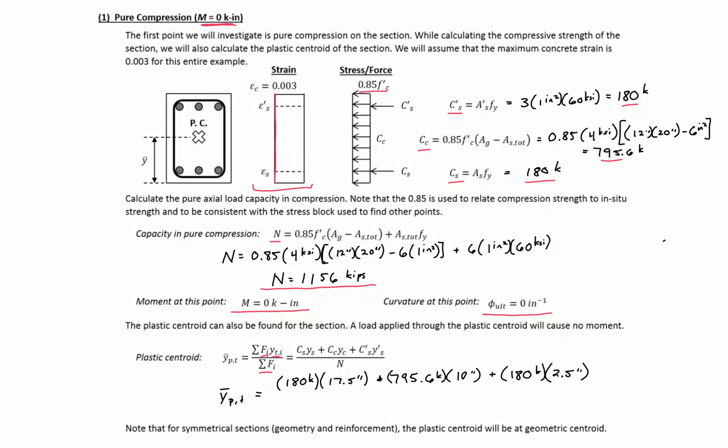And then we divide by our total force N, so 1156 kips, which is just the summation of our three forces. And we'll get the centroid equal to 10 inches.